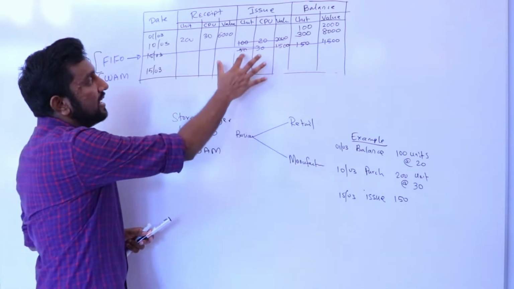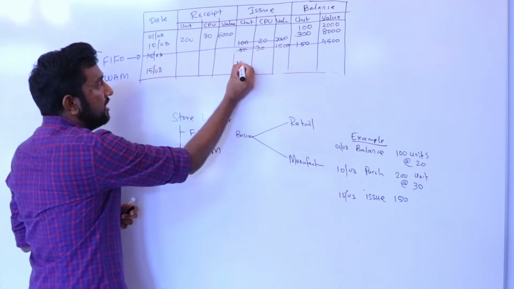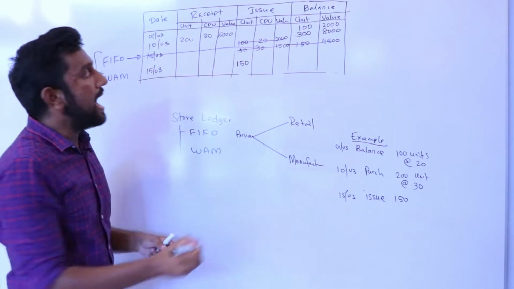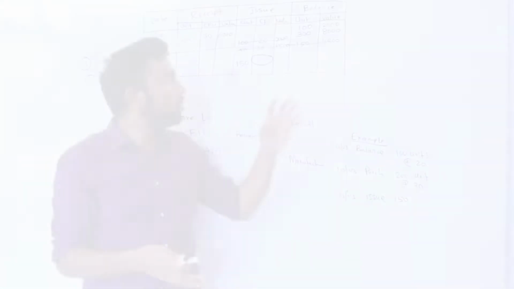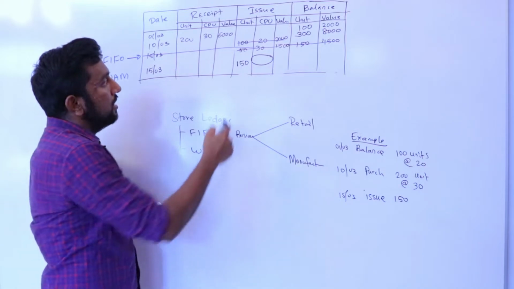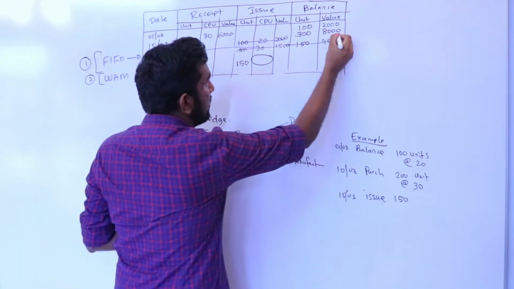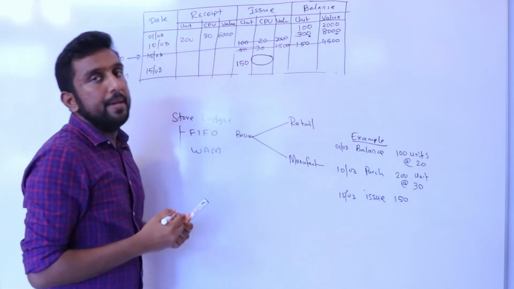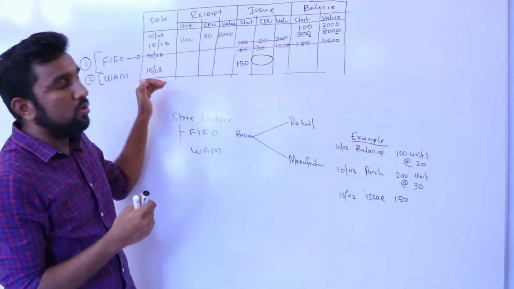Therefore, I don't divide like this. I just put the quantity as 150 and I have to find my cost per unit, based on the balance I have on the date of issue.